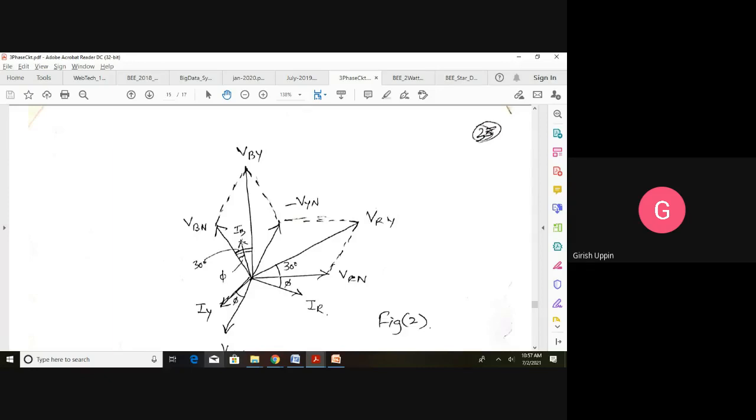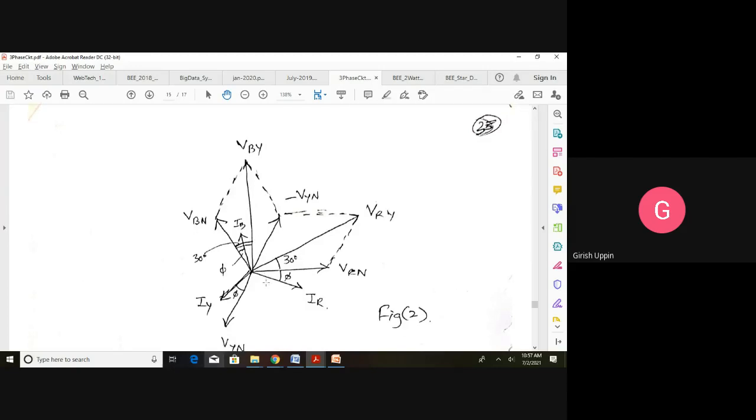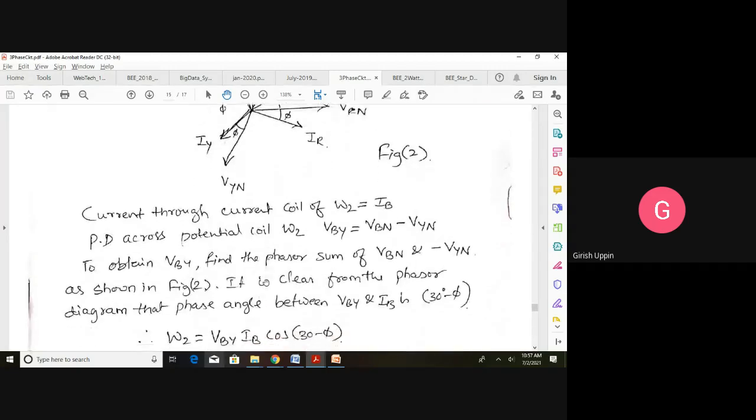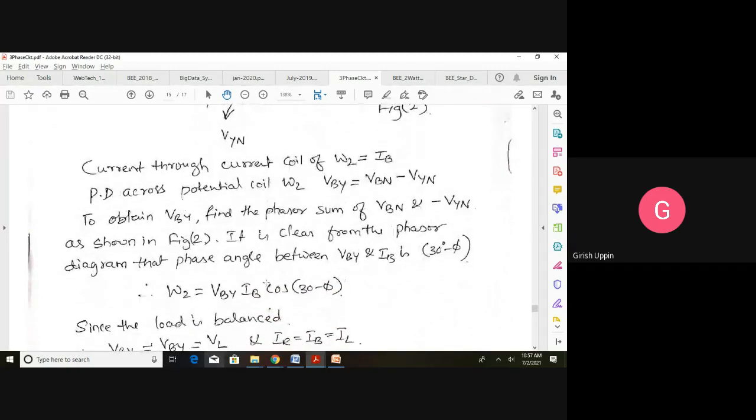Now I want to find the angle between IB and VBY. This angle would be 30 minus 5. So as shown in the figure, the phase angle between VBY and IB is 30 minus 5.